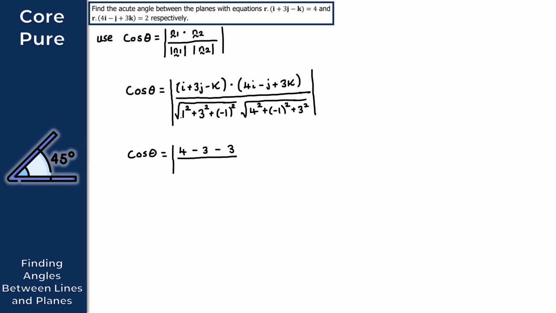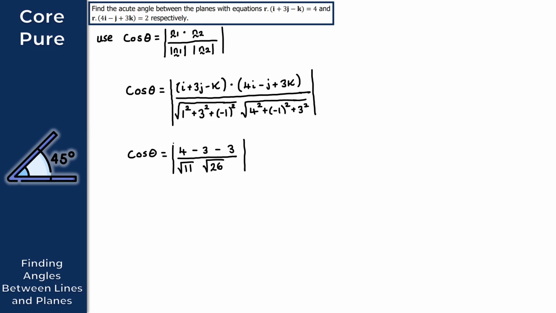Let's simplify the first square root here. I've got 1 plus 1 plus 9, that's going to be the square root of 11. And then we times this by the square root of 16 plus 1 plus 9, so altogether we get the square root of 26.